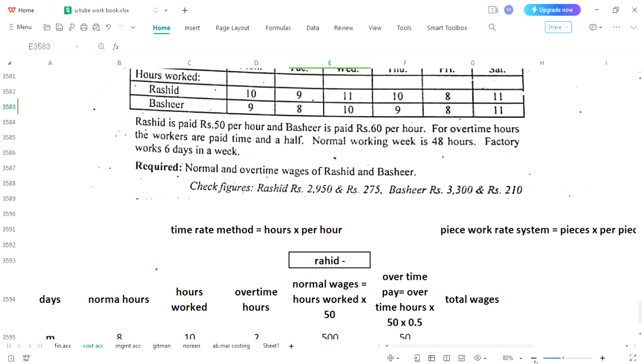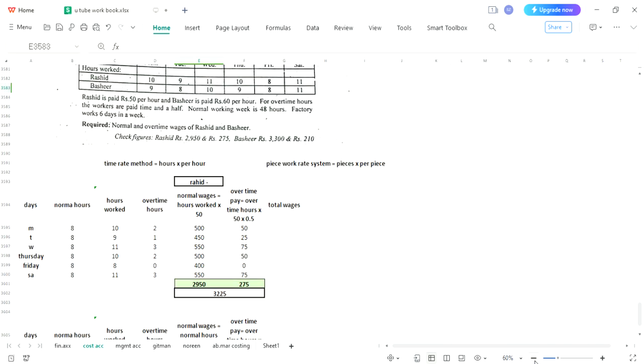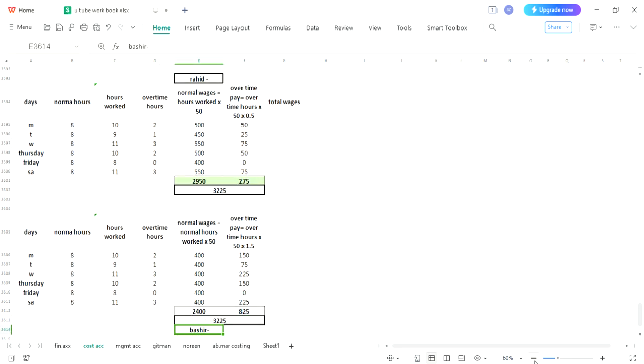I am zooming out to let you know what we have done. Okay, from here you can see that we have solved this question for Rashid. One method which was followed by the book and one method the suggested one. Understood? Then we started Bashir.